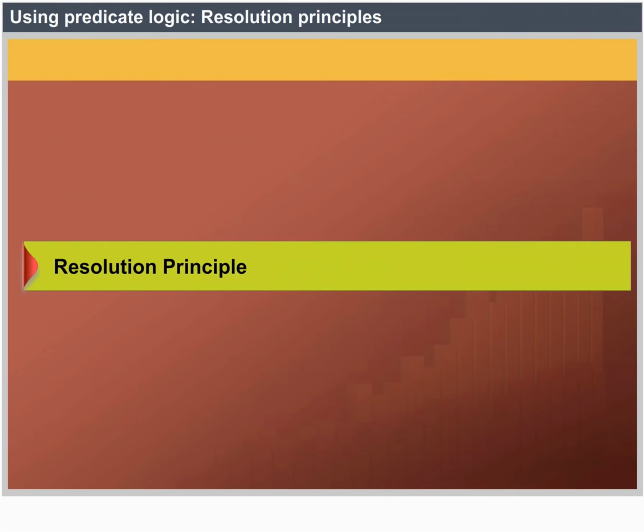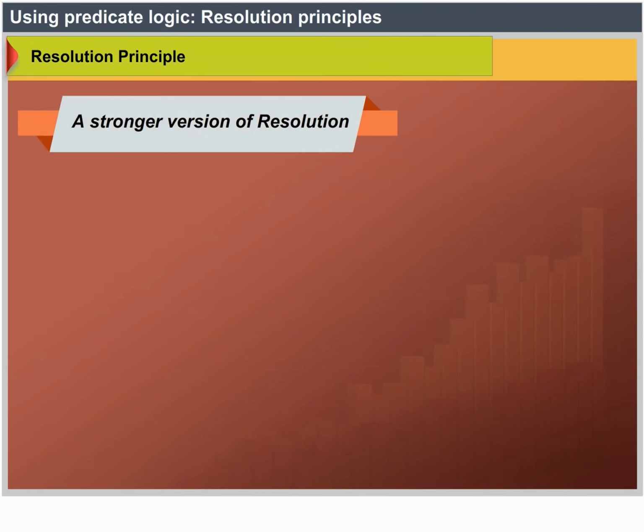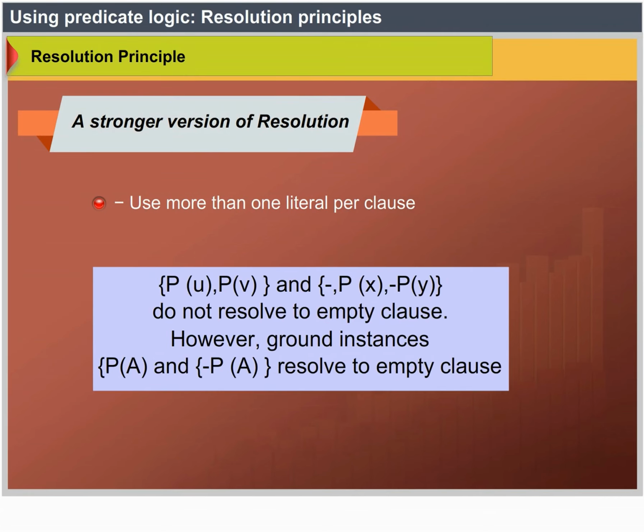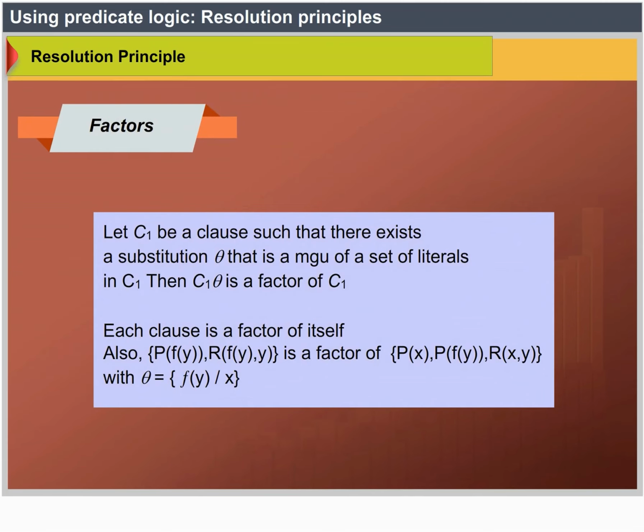Resolution principle. A stronger version of resolution uses more than one literal per clause. P(u), P(v) and not P(x), not P(y) do not resolve to the empty clause. However, ground instances P(A) and not P(A) resolve to the empty clause. Factors. Let C1 be a clause such that there exists a substitution theta, that is, a mu of a set of literals in C1.